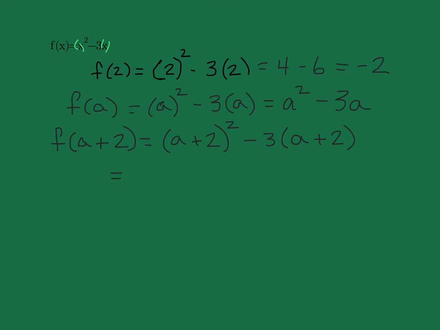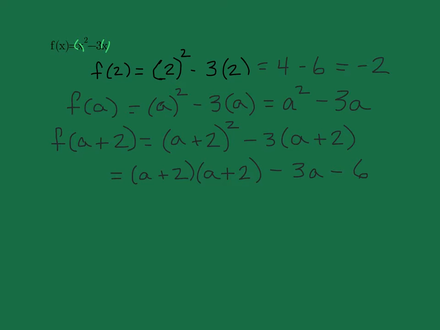So a plus 2, quantity squared, means a plus 2 times a plus 2. The negative 3 can be distributed through the parentheses in this step. So negative 3 times a and negative 3 times 2 turns into negative 3a minus 6.